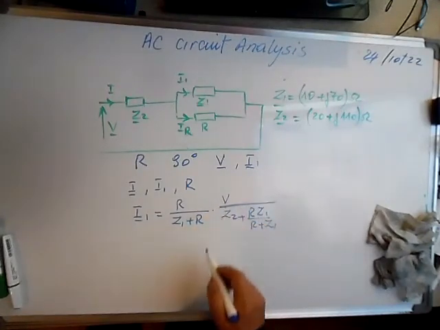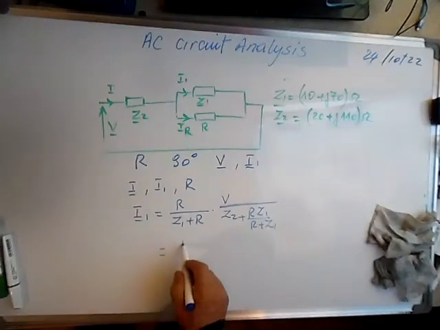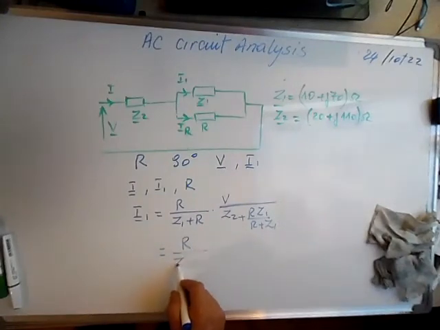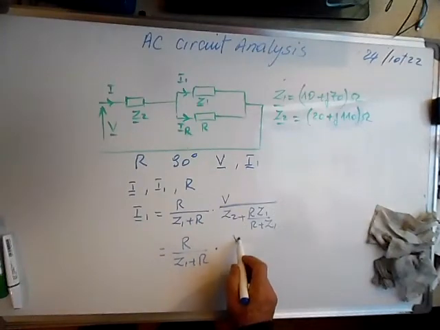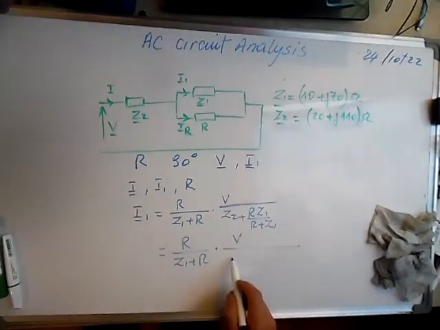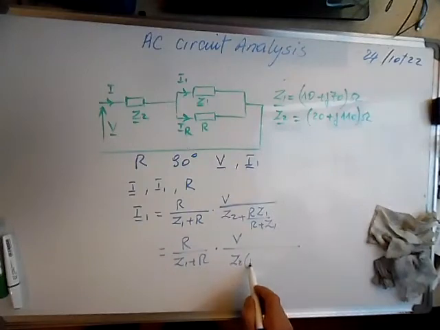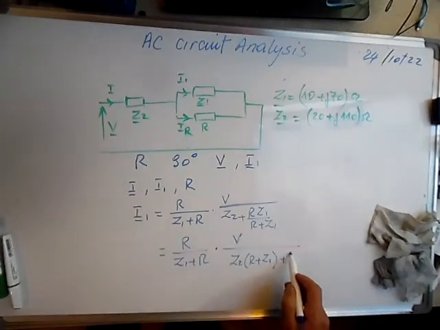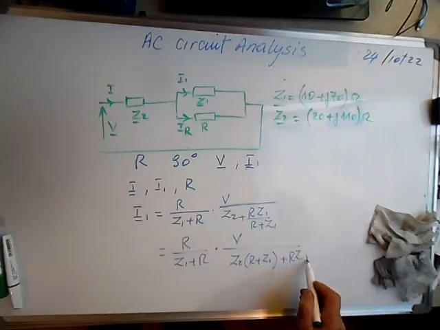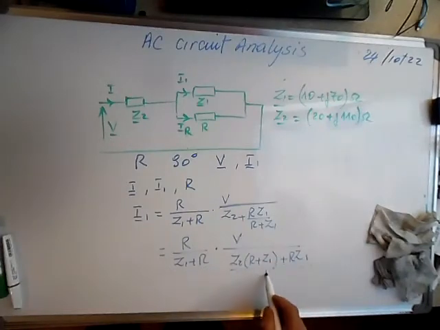We can put this to a common denominator, so R over Z1 plus R times V over Z2 times R plus Z1 plus R times Z1 over R plus Z1. This can simplify.